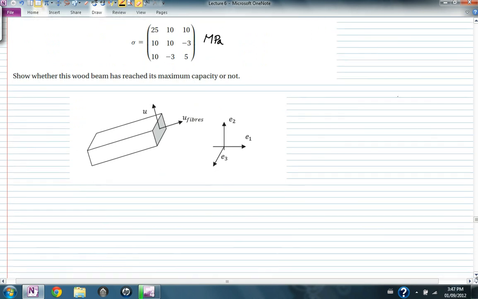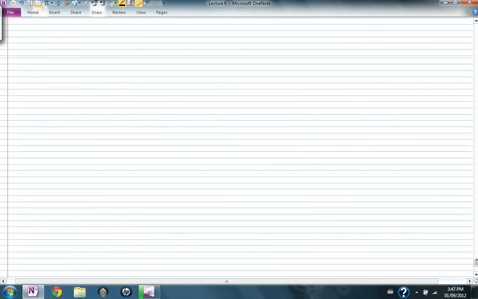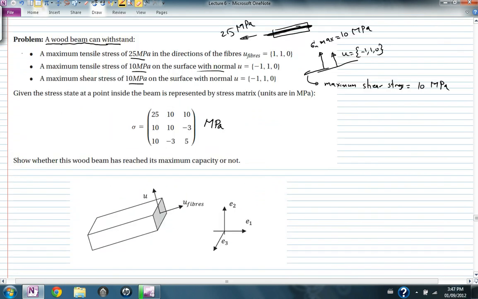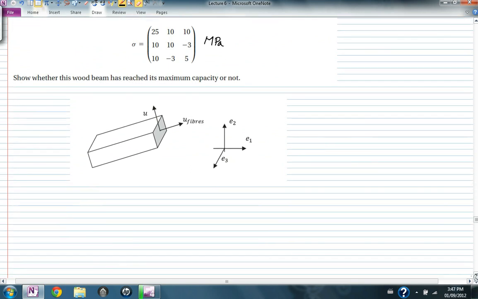So the first thing is the first criterion: a beam will fail if the maximum tensile stress in the direction of the fibers is reached. So the direction of the fibers, U fibers, is given by 1, 1, 0. Now to calculate a stress on a plane, I have to find the normal to this plane.